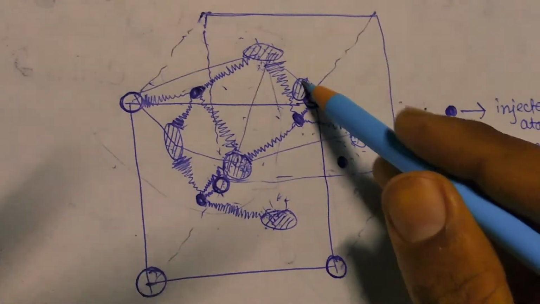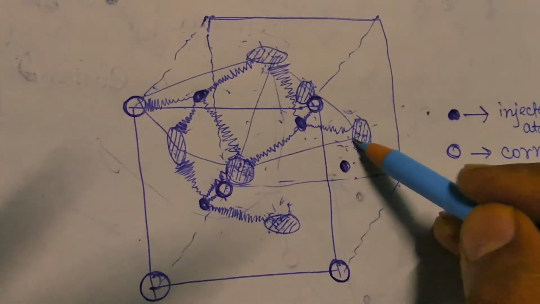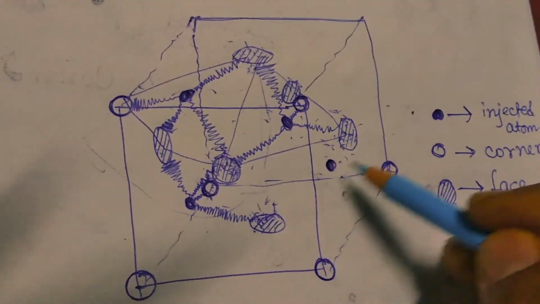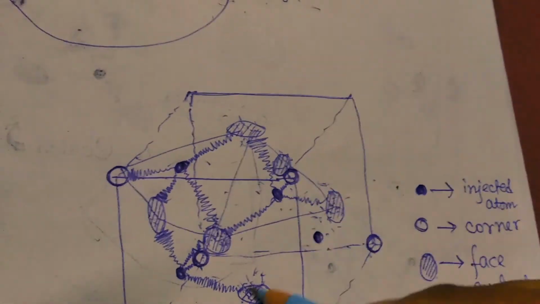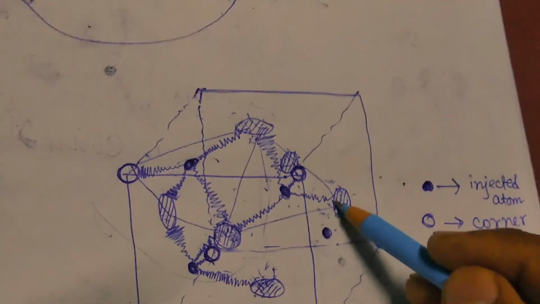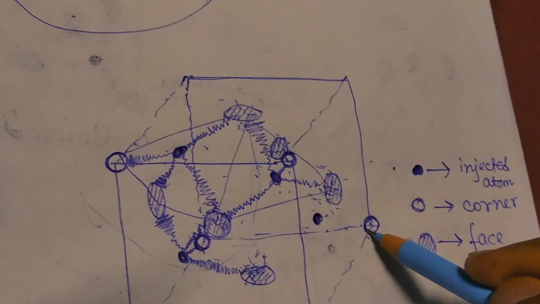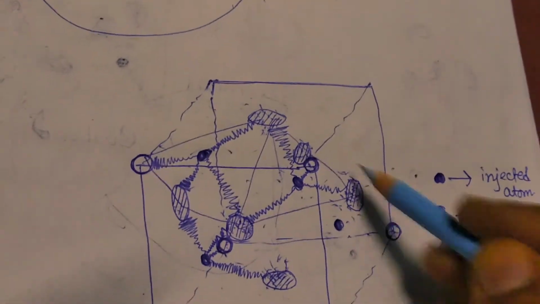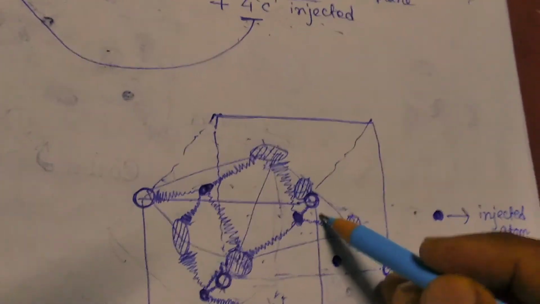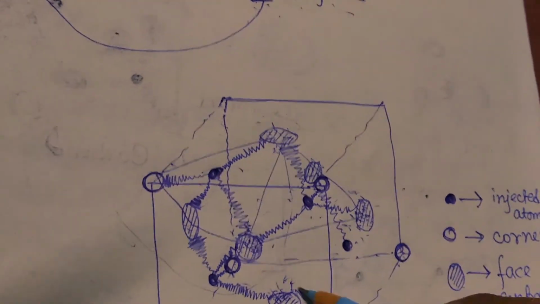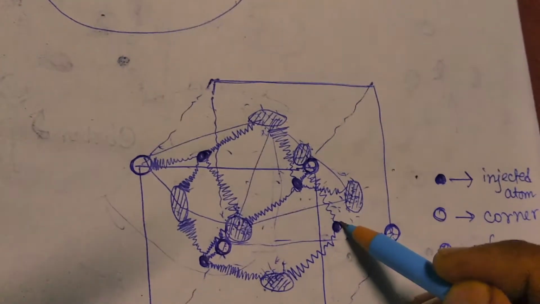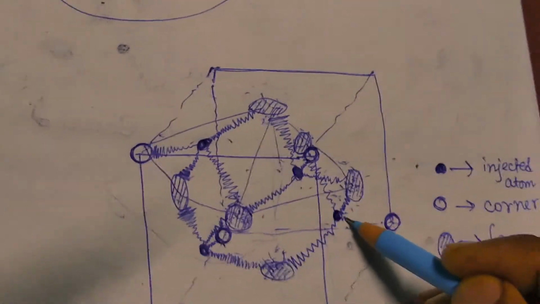Here are also these 4. Just try to understand, these 4 also create a tetrahedral space. This is injected and this is connected in it just like this.